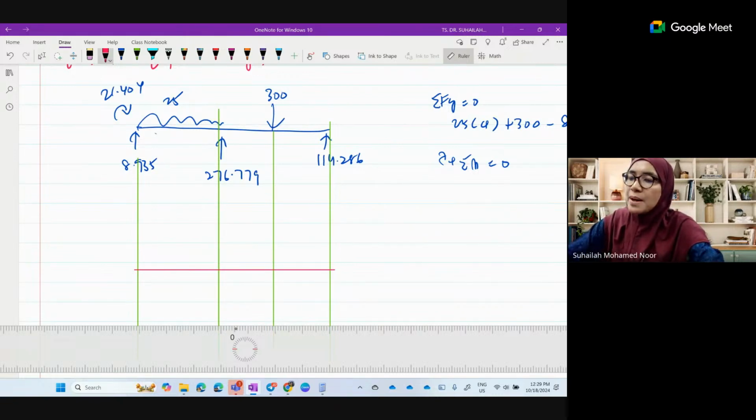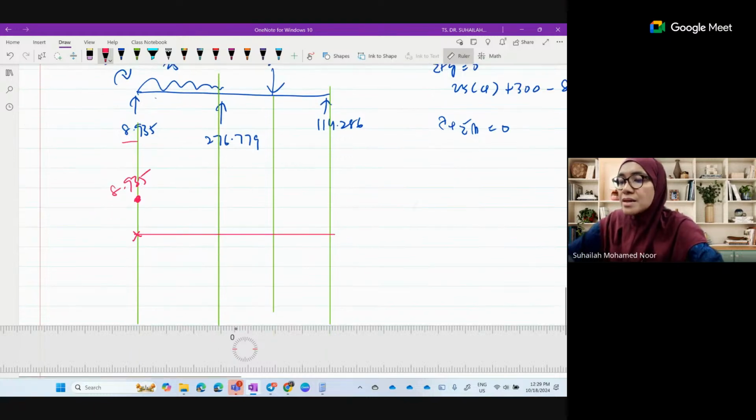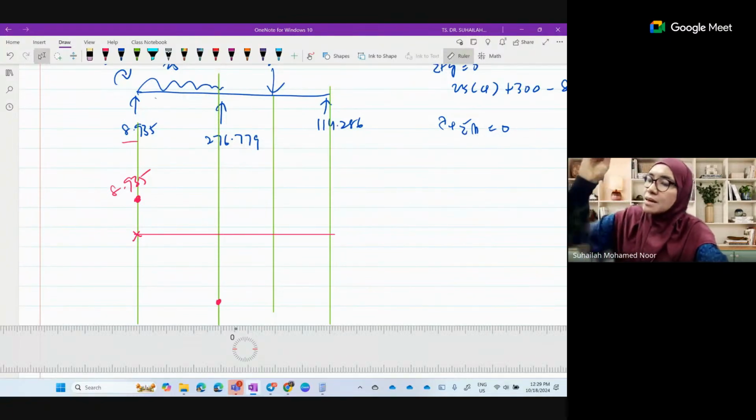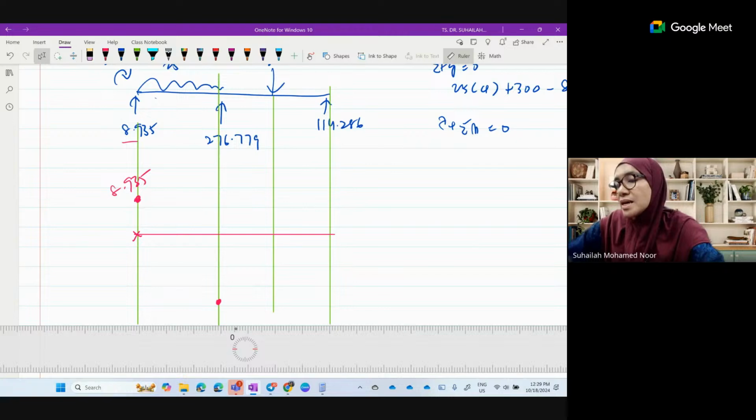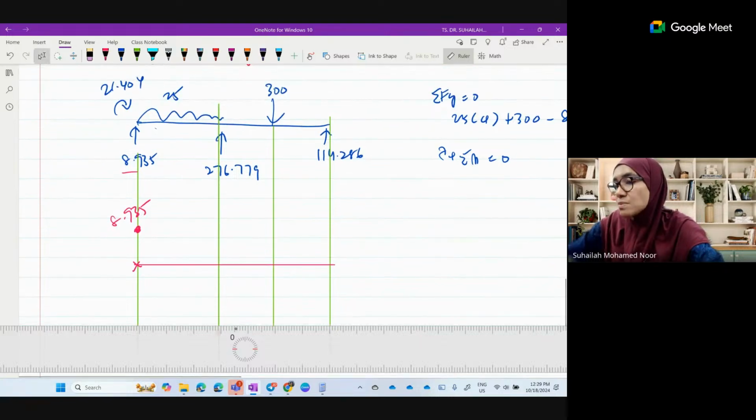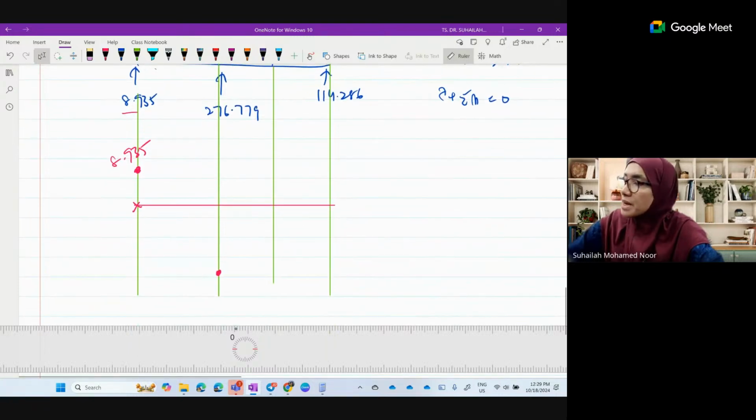Okay, ni shear force. So 8.935 start dari 0 going up, naik atas, point dekat atas ni 8.935. Okay, tolak 25 times 4, so dia akan turun bawah ni lah. Dia akan dapat point kat bawah tu.